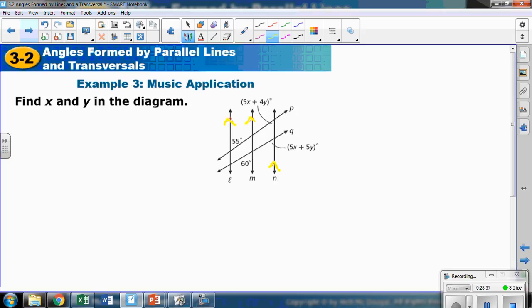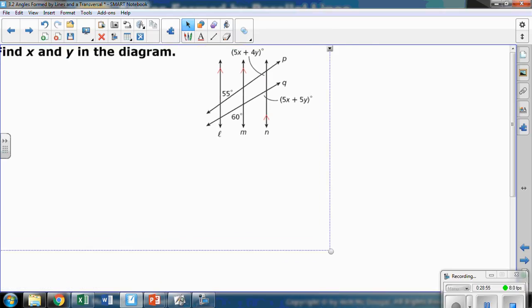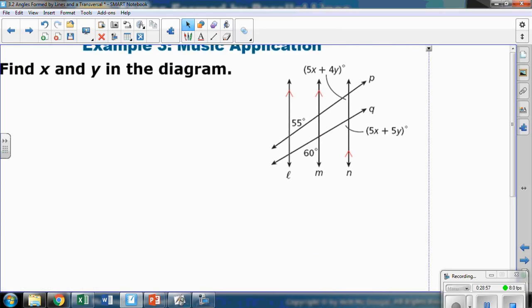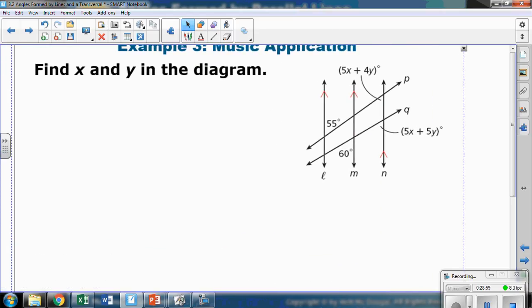Well, we want to know how big are x and y. So what relationships do we have? To help make this a little bit easier, I'm going to blow up the picture just so that it'll be bigger and give us a little bit more space to work with.